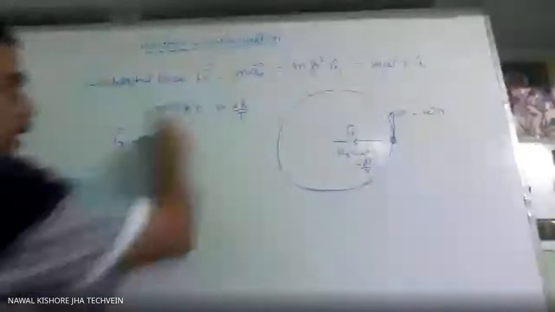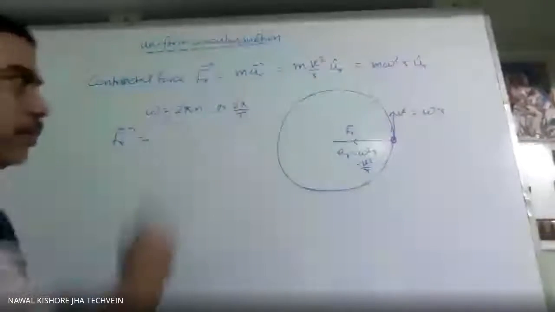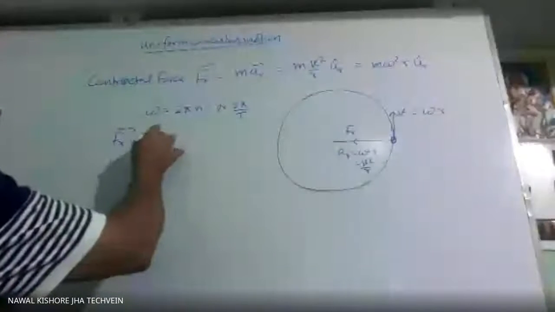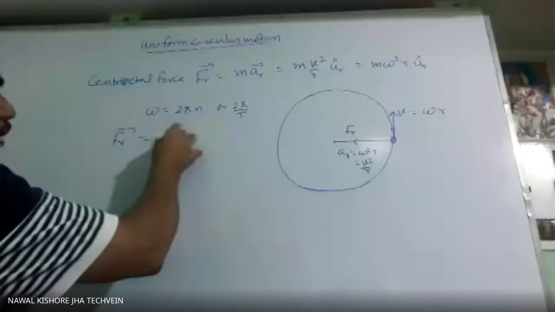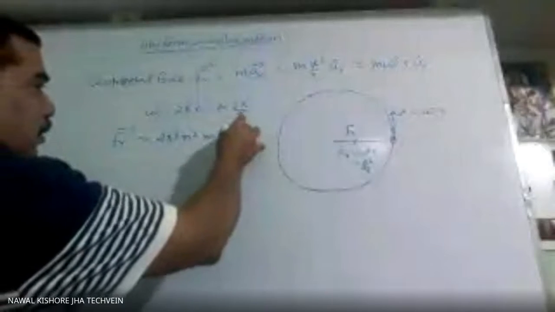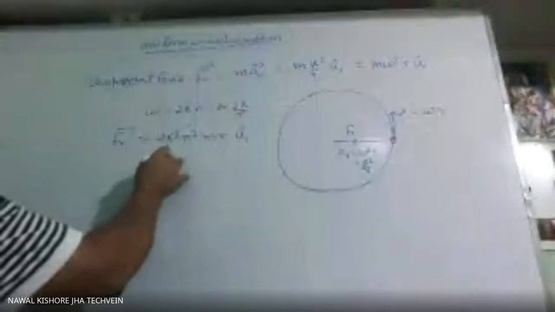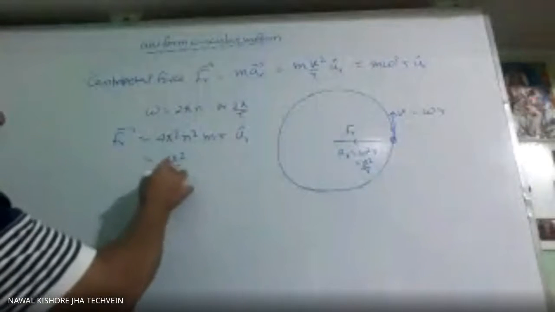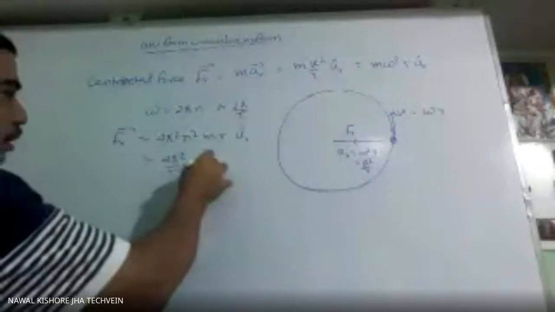In place of omega, if you write 2 pi n, then the value will be different. So how much will come? 4 pi square n square m r, or it may be 4 pi square by T square m r.